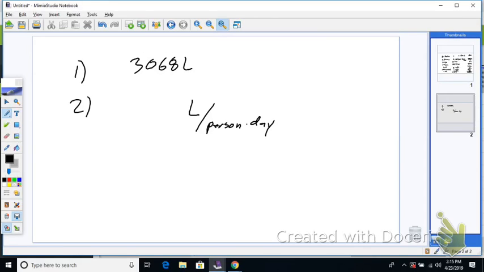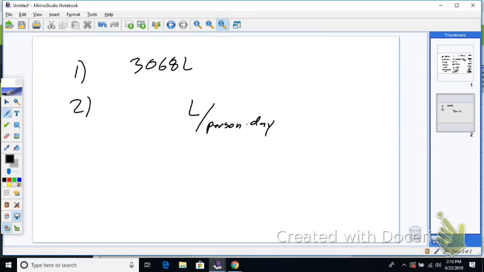So go ahead and find your water usage per person per day by taking your total volume, number 1, divided by the total people.